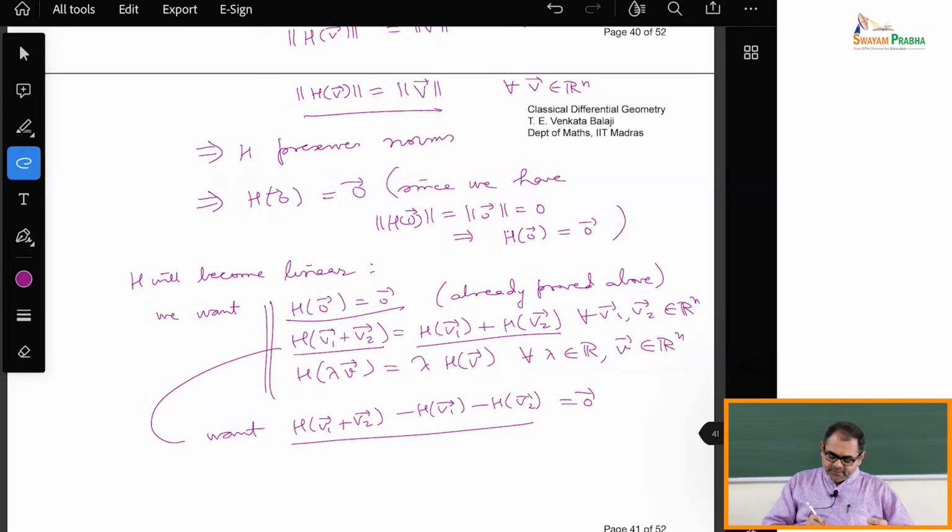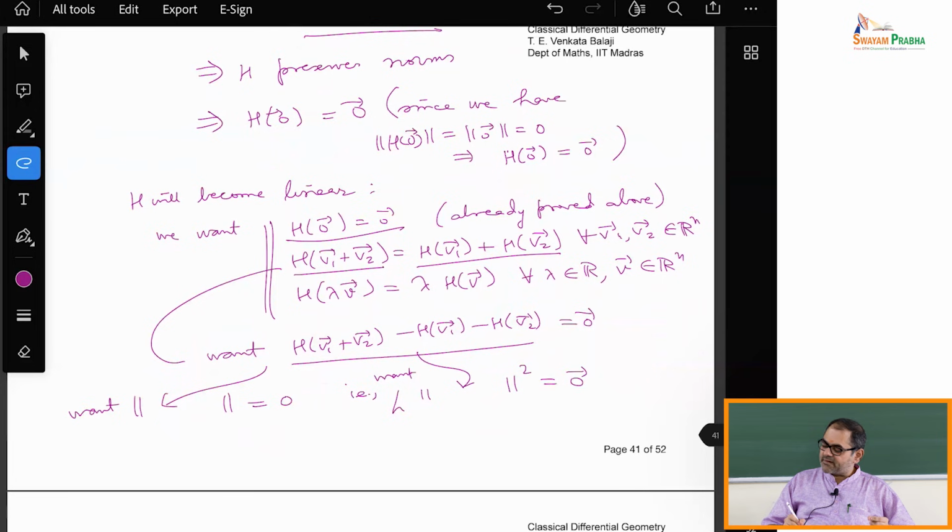So what will happen is that you will get the norm. We want the norm of this to be equal to 0, and that is the same as saying the norm of this squared is 0. You want that. And norm squared is the vector dotted with itself.